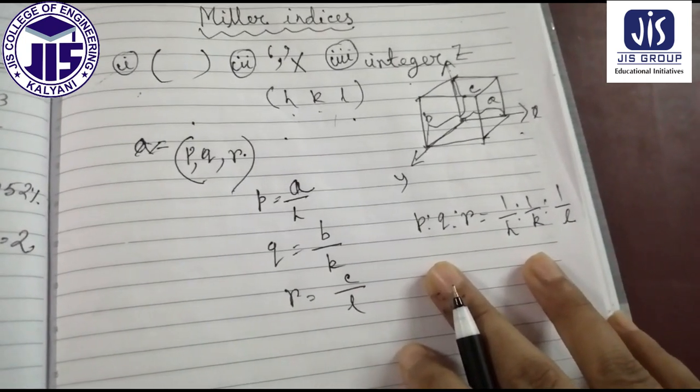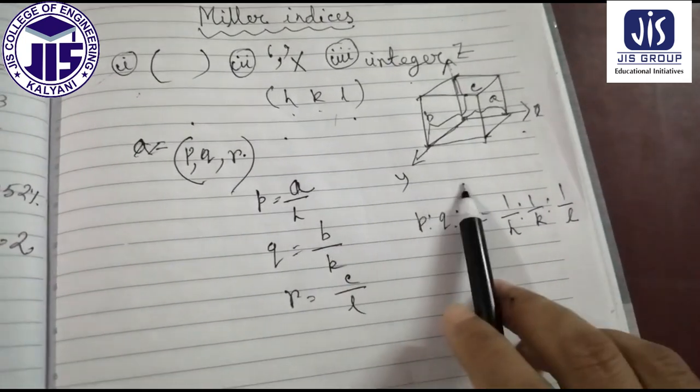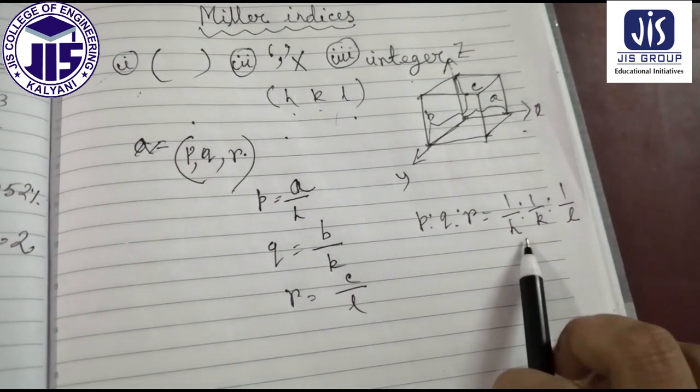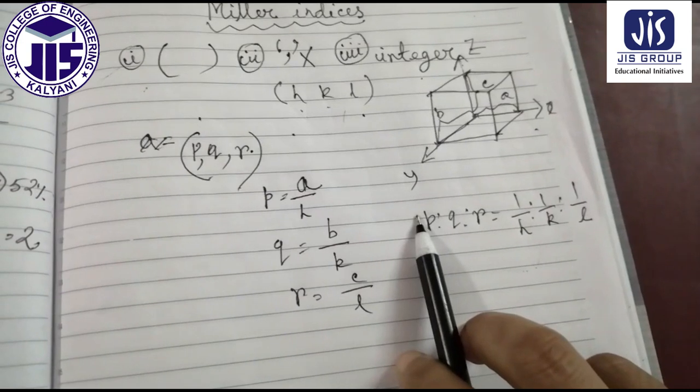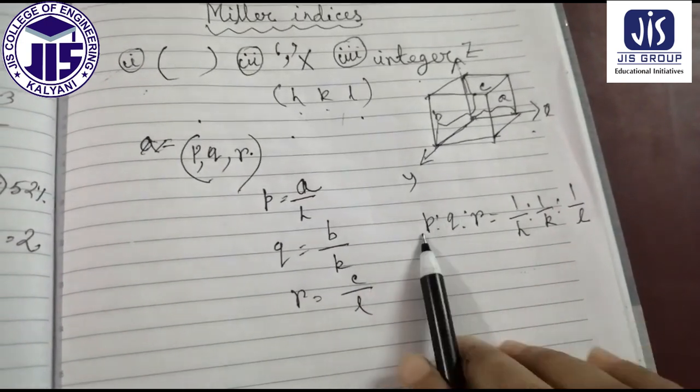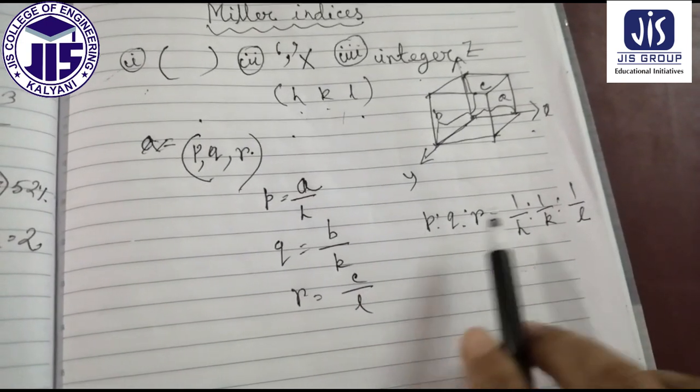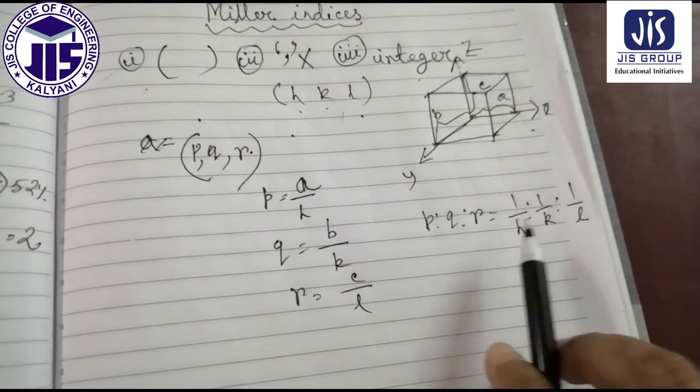It means if we know the Miller indices and we take the reciprocal, then we can get the corresponding intersection point, or the coordinate, from the Miller indices.